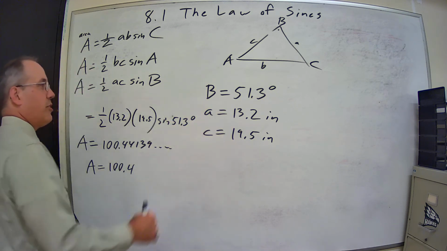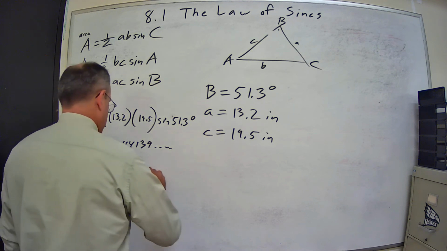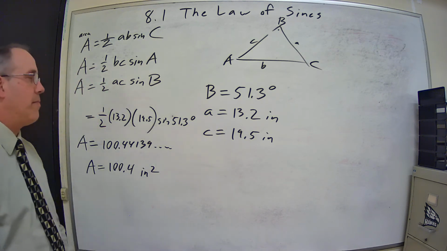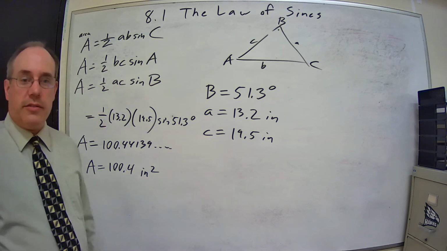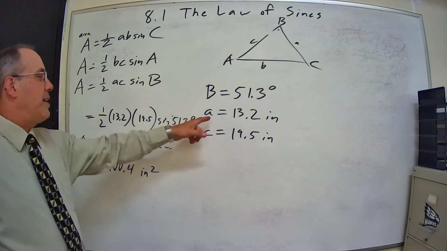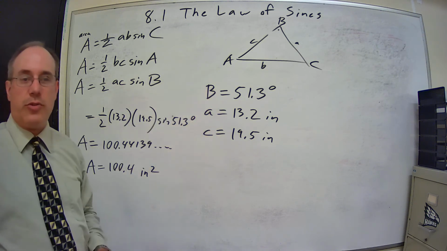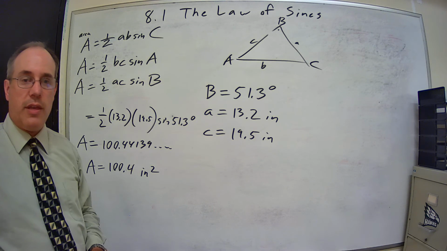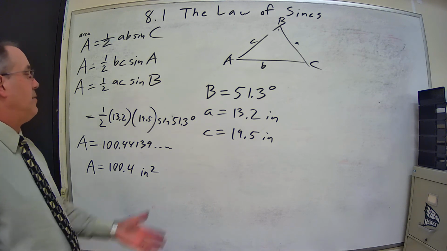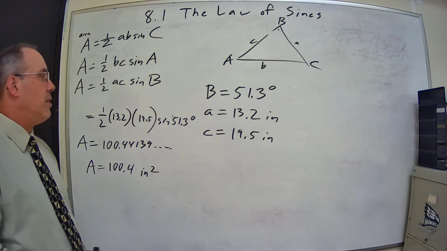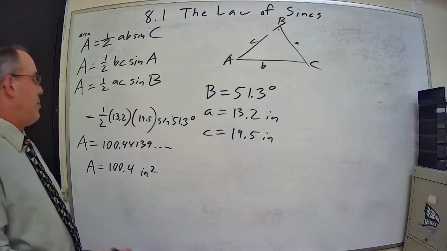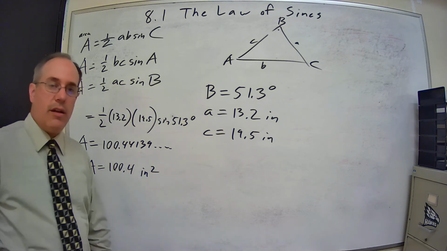We were in inches, since it's an area, that's inches squared. So from the length of two sides and the angle in between them, I was able to find the area of that triangle.